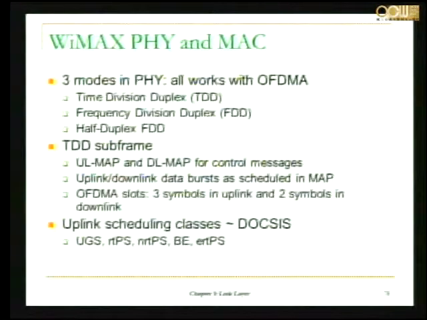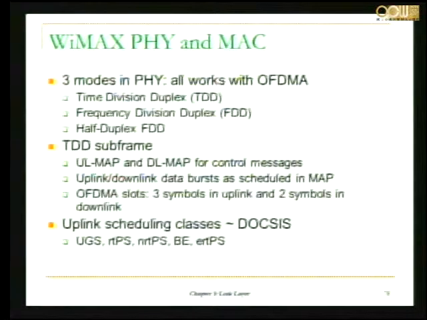And WiMAX has 3 modes in physical layer. All of them work with OFDMA, and they could have time division duplex or frequency division duplex or half duplex frequency division duplex.